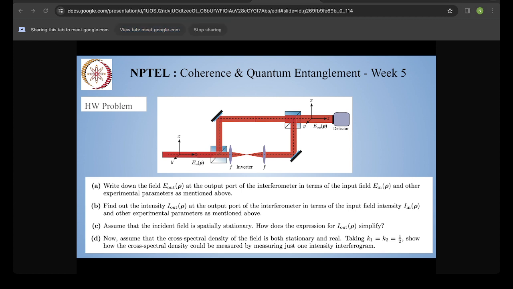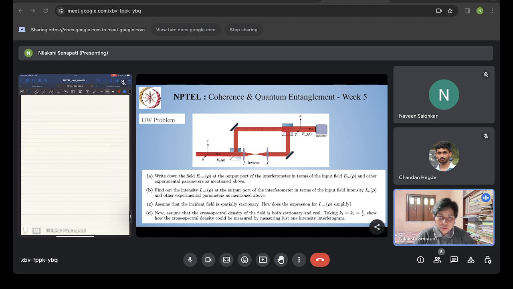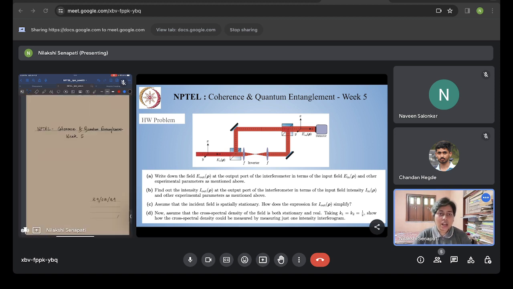These are very straightforward, very repetitive questions, I find. All of these things we do sometimes in temporal, sometimes in spatial, sometimes in angular and polarization, but the process is the same.